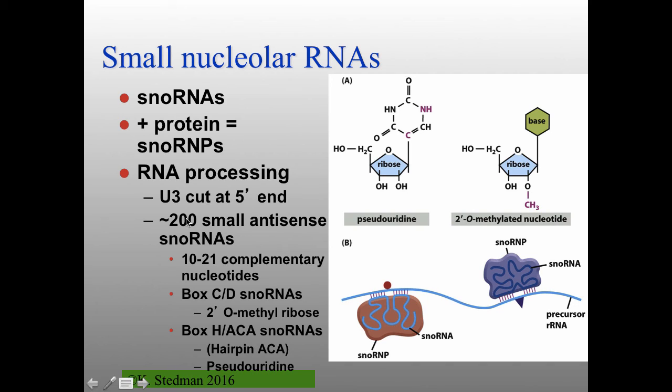I say about 200 of these. It's because the sequences that they bind to here are all slightly different. Each of the modifications in the ribosomal RNA is going to be dependent on base pairing by one of these small antisense RNAs. These small antisense snoRNAs also have conserved sequences which are going to bind to the proteins that are important for making pseudouridine, and the protein that's important for O-methylribose formation.